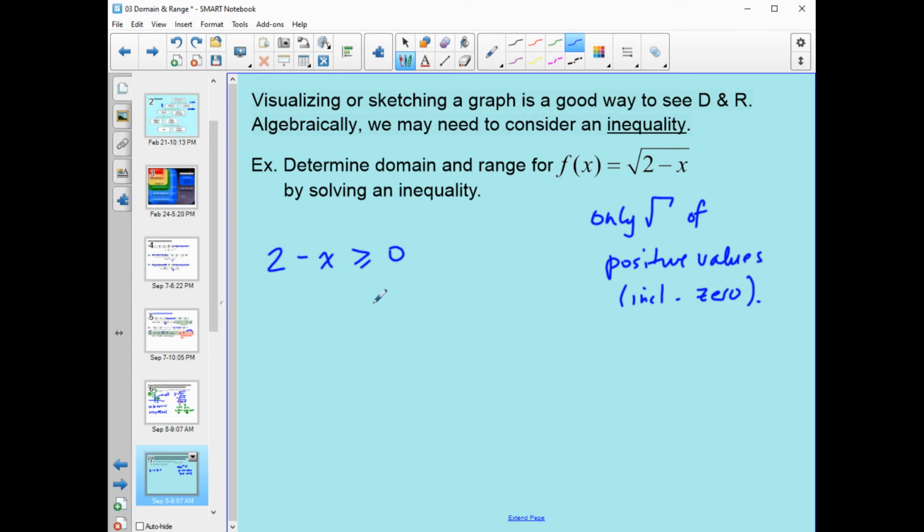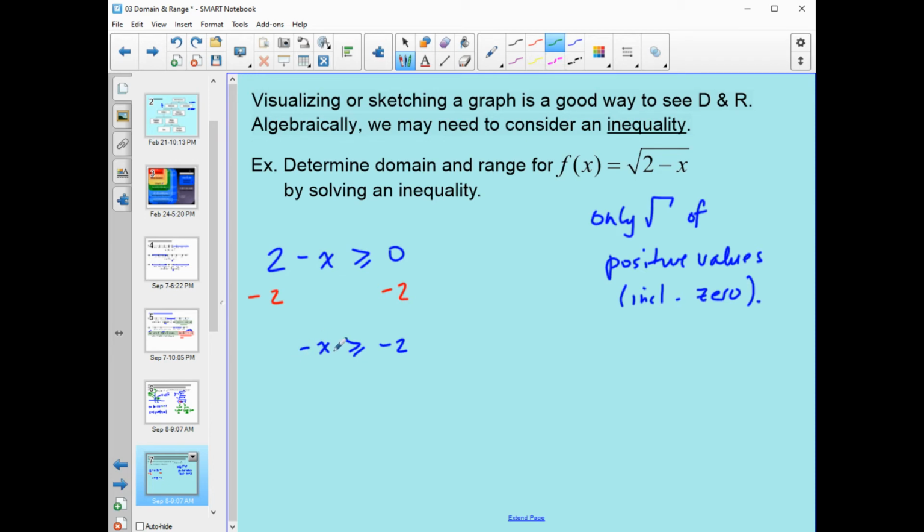Now, I'm not going to do anything too advanced here. Just like an equation, I can subtract 2 from both sides because I'm trying to isolate the x. And so now I end up with negative x greater than or equal to negative 2. And this is where the only funny part of an inequality comes into play.